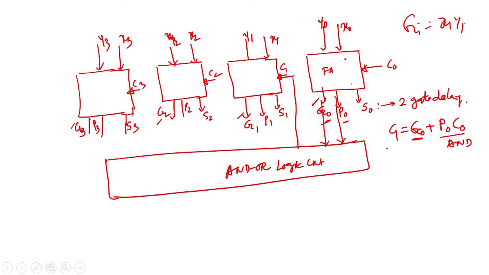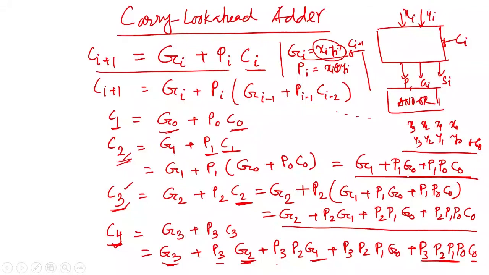While generating the C1, at the same time we will generate the C2. For C2 we again have to go back earlier. So, C2 is here G1. Okay. So, C2 you can find from here, this is AND, this is also AND and then this. So, this is nothing but an AND and OR circuit.